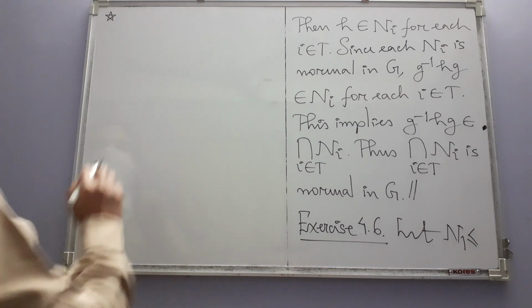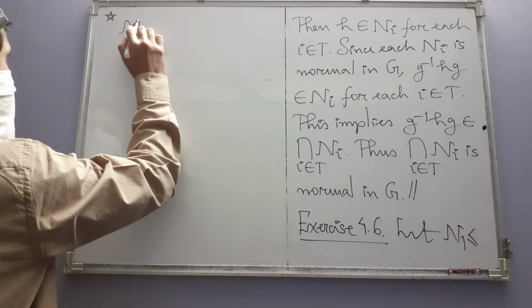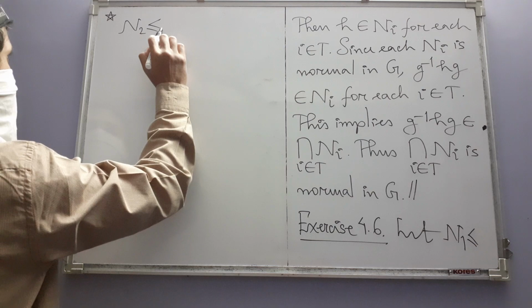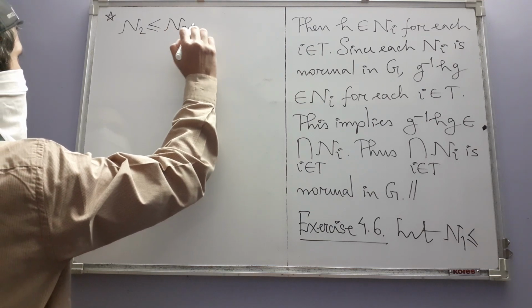Let N1 be a subgroup of N2, which itself is a subgroup of N3, and it goes like that.